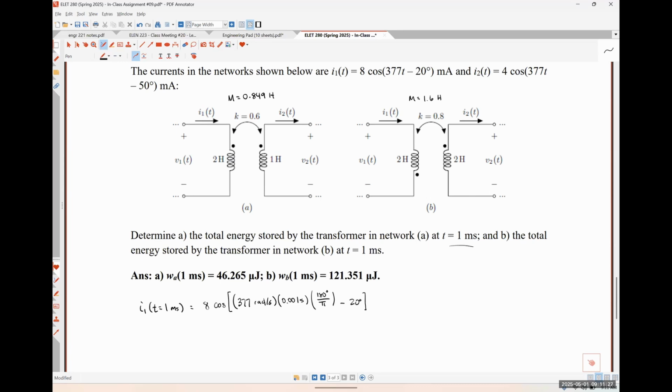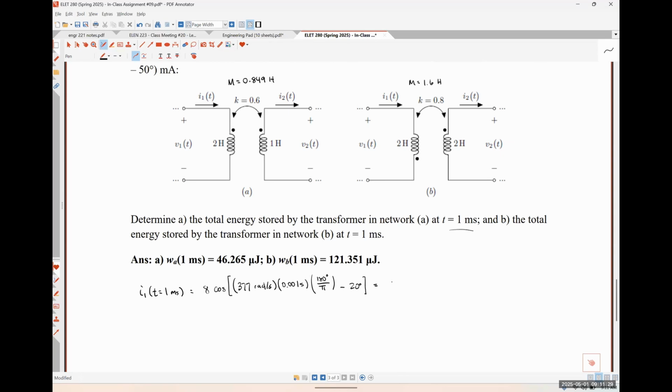And I wound up getting a current of 7.99687 amps. And I'm going to store that in my calculator for what it's worth as X.